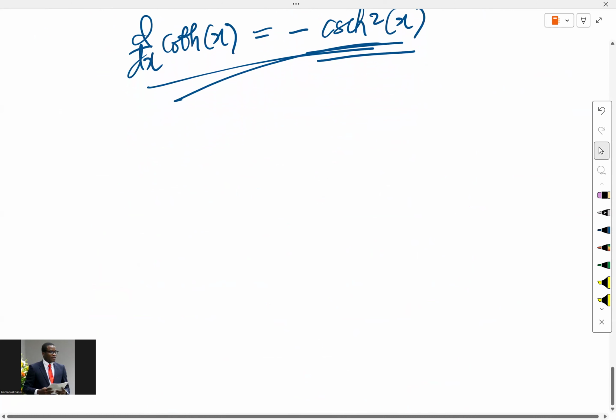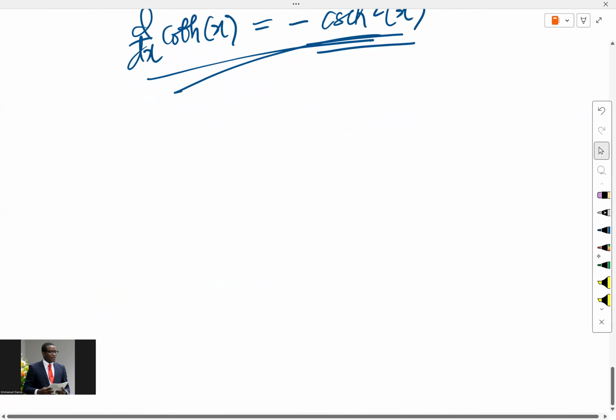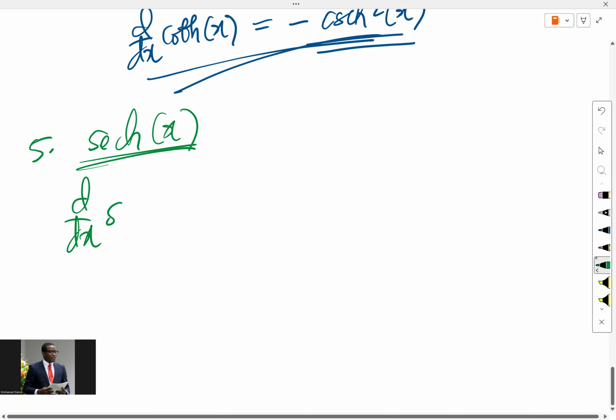So let's take the fifth one. The fifth one is the derivative of sech x. Derivative of sech x, that's d dx of sech x. Okay, I'll just write this down. This is minus sech x tanh x.